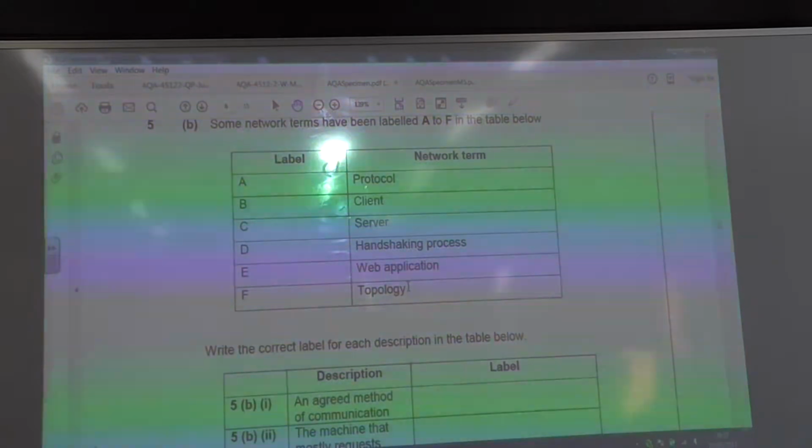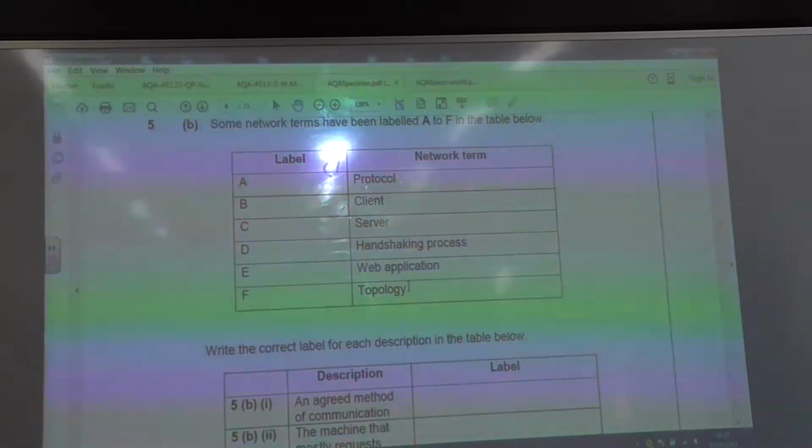Handshaking is where you actually start up the communication. So protocol covers anything. We have a protocol for how we start the lesson, and for how we conduct the lesson. If you want to say something, you put your hand up and I choose who speaks next. If I'm speaking, you don't speak.